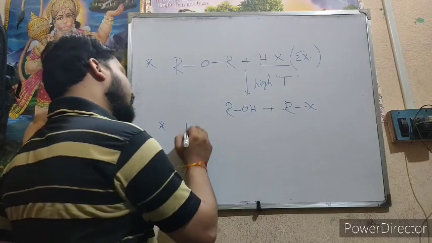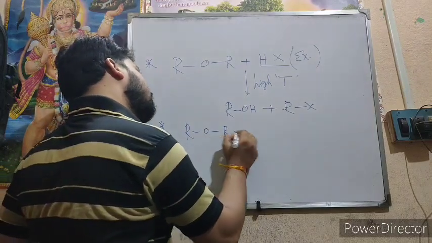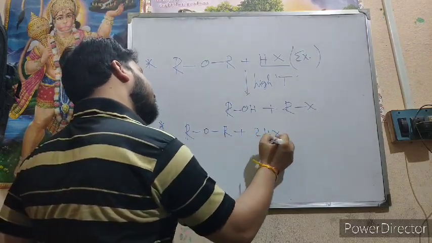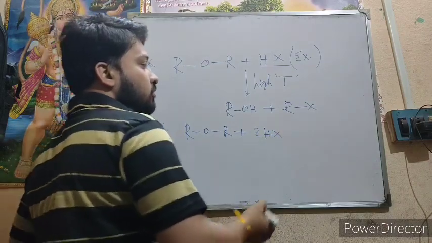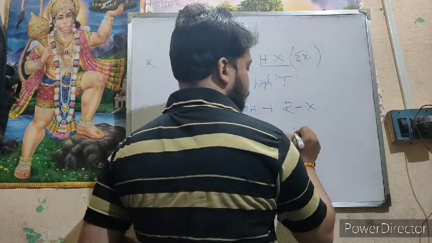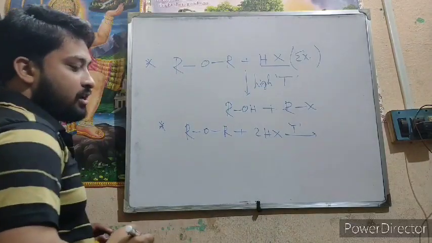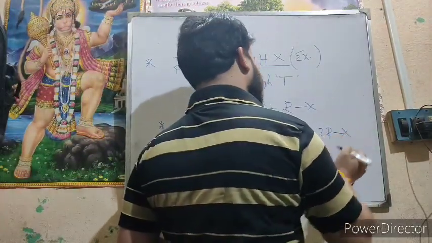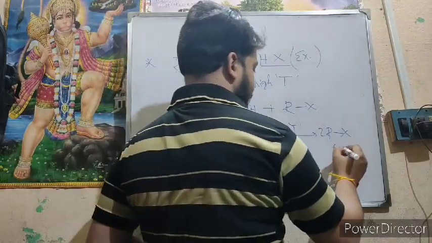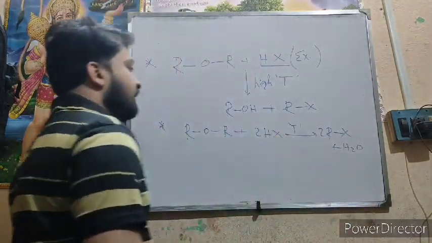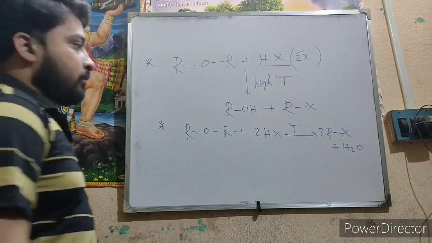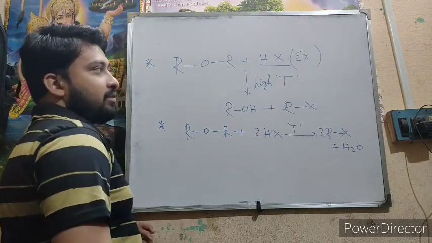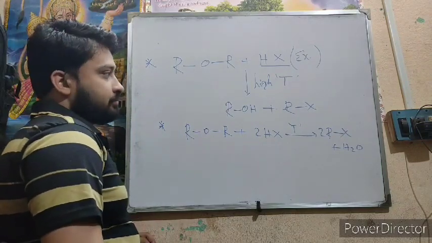Now if you use ROH but you do not use excess HX, you use HX only 2 moles with the presence of temperature, you get 2 RX but you do not get alcohol and water. These are the two chemical reactions of ethers.